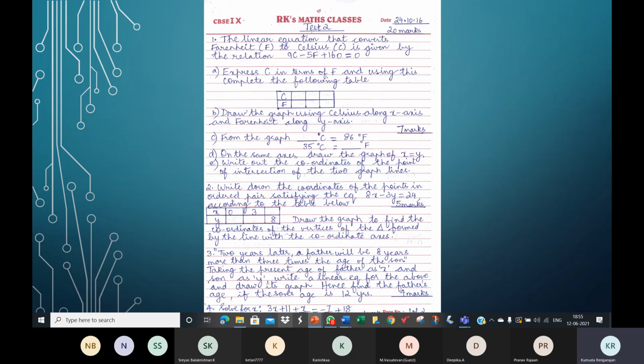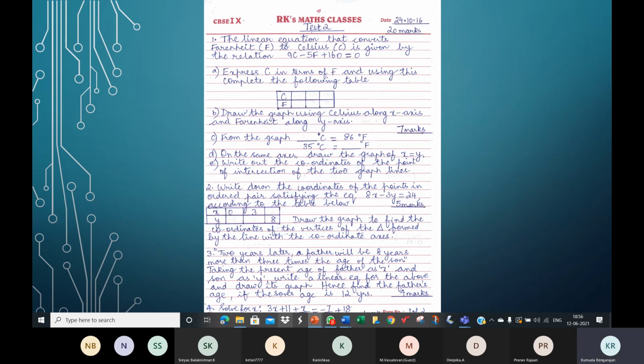Two years later, a father will be 8 years more than 3 times the age of the son. So it's 2 years later. Take the age of the father as x and the age of the son as y.